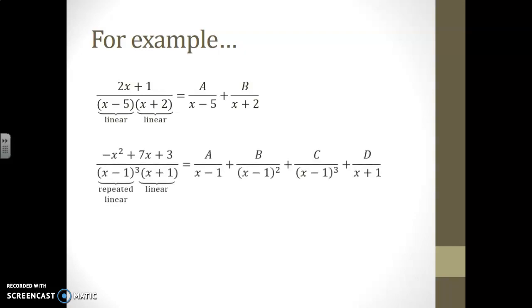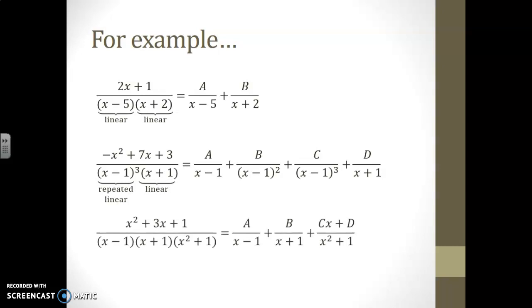In our second example, x minus 1 is cubed at the denominator, and therefore three different terms will be required in the decomposed format, x minus 1 to the 1, to the 2, and to the 3 in three separate fractions. Their corresponding numerators could be different and will have to be solved for eventually. The last factor, x plus 1, is linear and non-repeated.